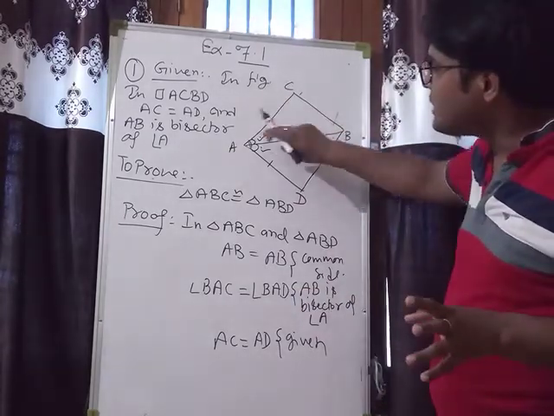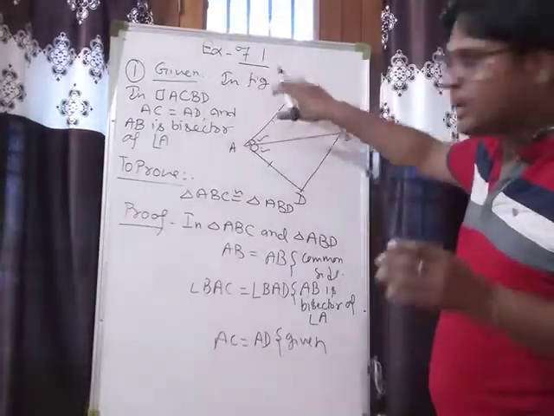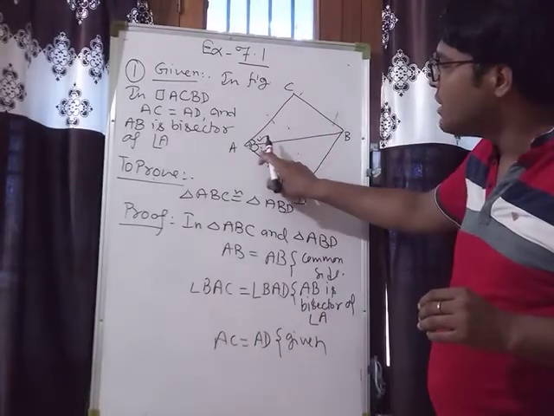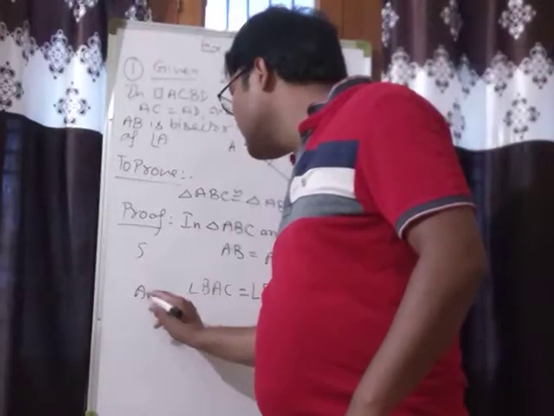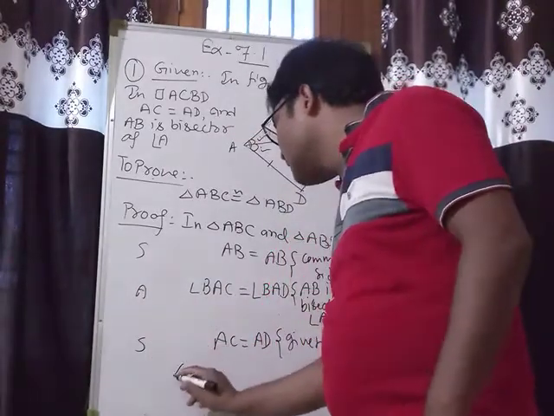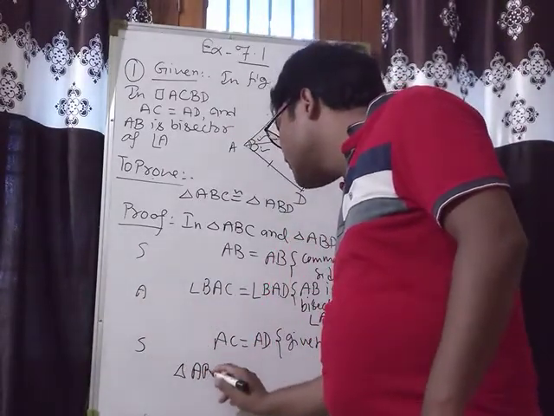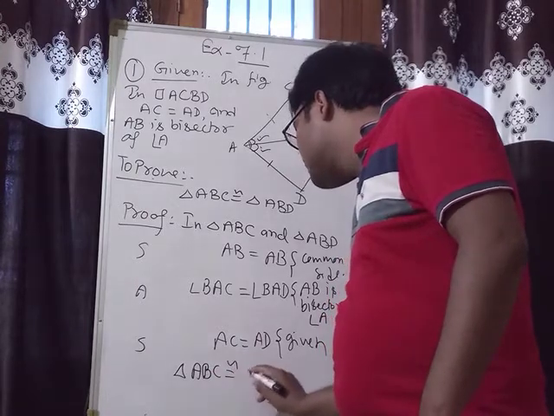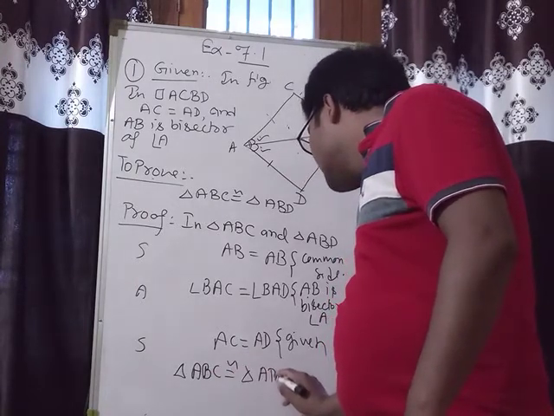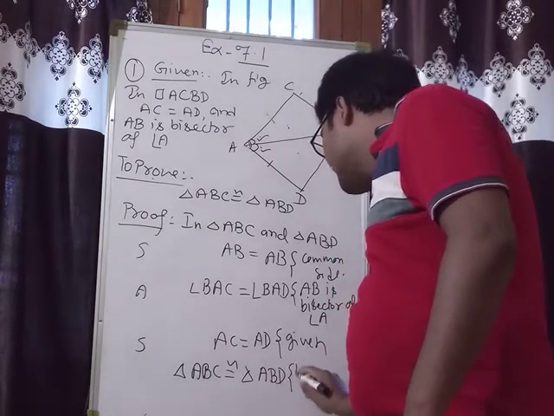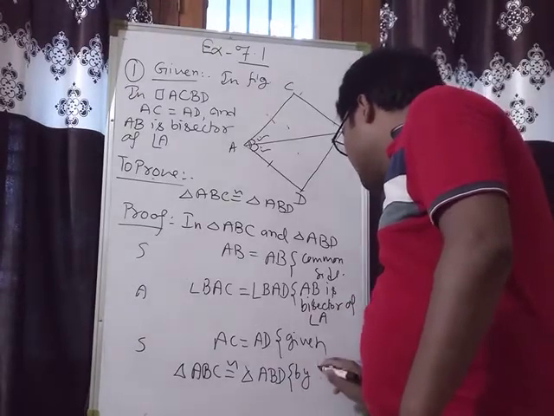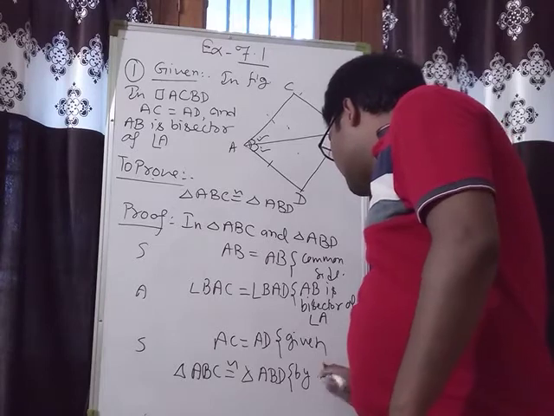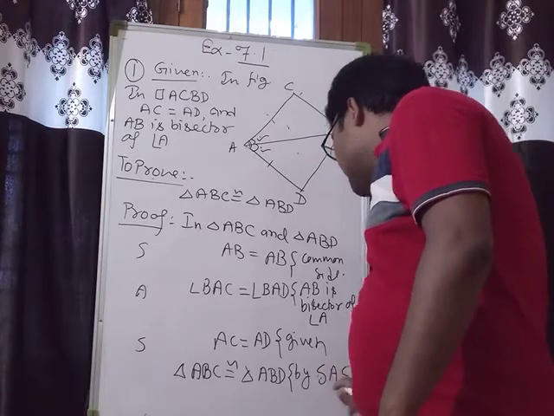So the two sides and included angle of one triangle are equal to the corresponding two sides and included angle of another triangle. So triangle ABC is congruent to triangle ABD by the SAS congruency rule.